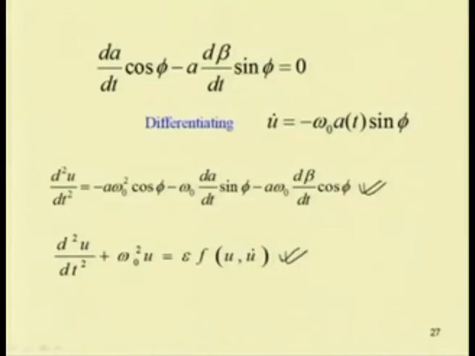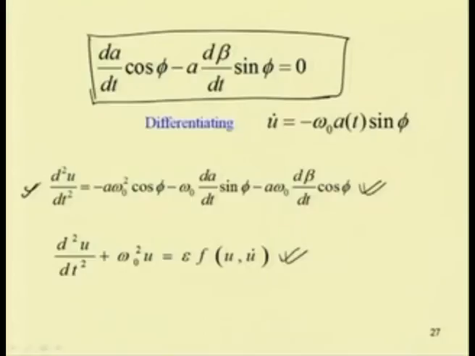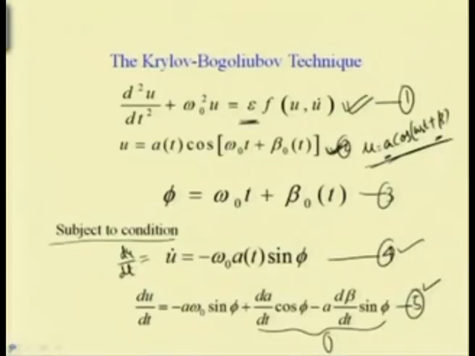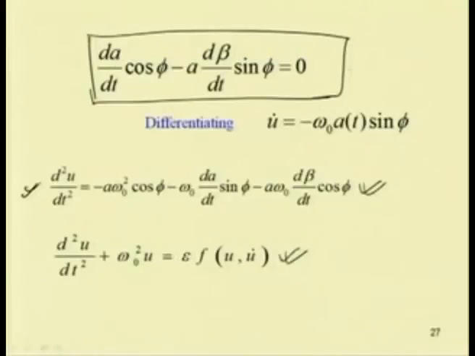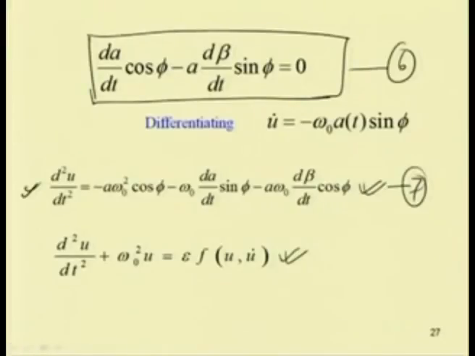In this equation we have substituted the expression for u. So, let us put the numbers. This becomes equation 6, and substituting equation 7 in equation 1, we can obtain equation number 8.